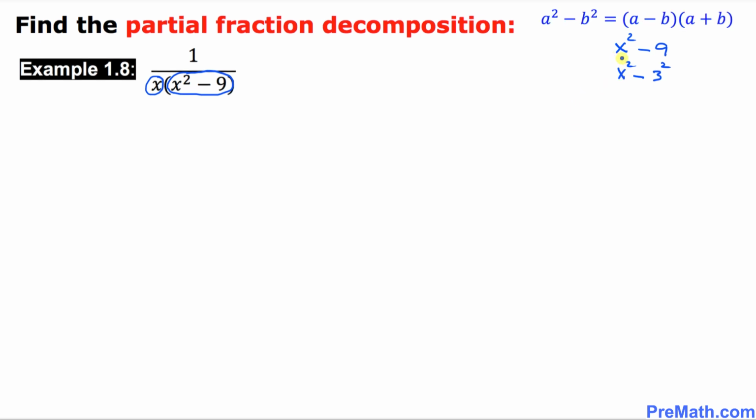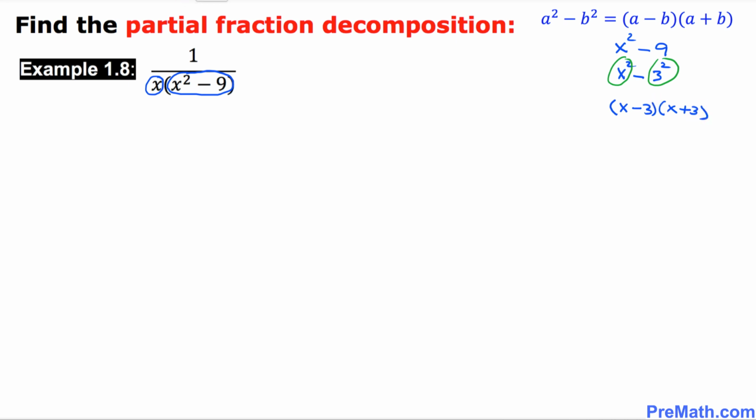And now this represents a difference of two squares, isn't it? This one minus this one. So we're going to be using this fact, a squared minus b squared is always equal to a minus b times a plus b. So that means this can be written as x minus 3 times x plus 3.